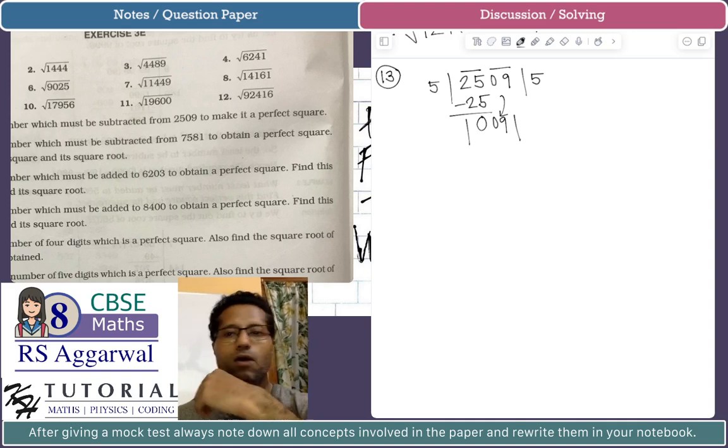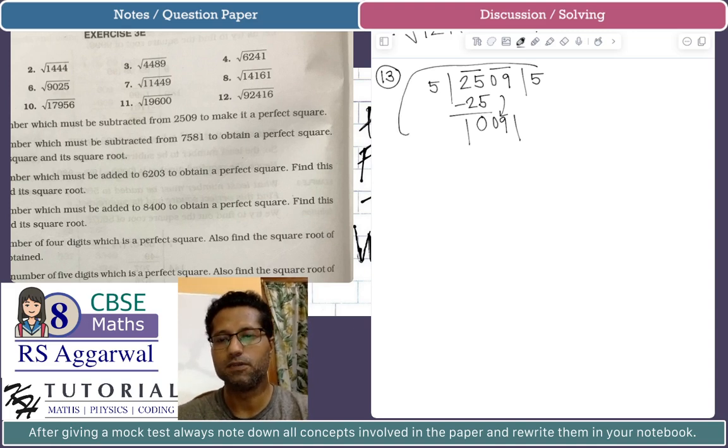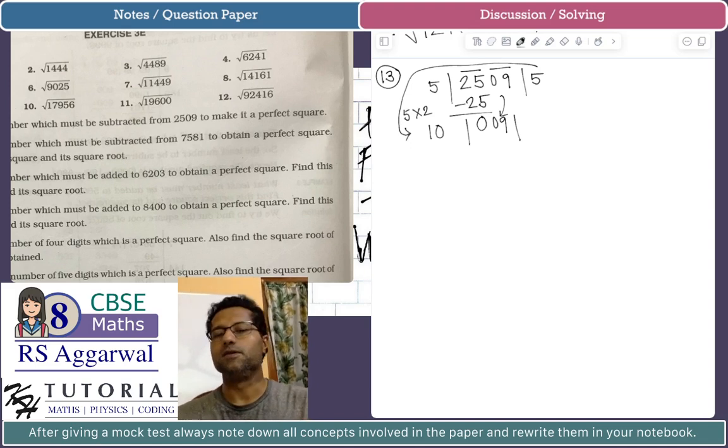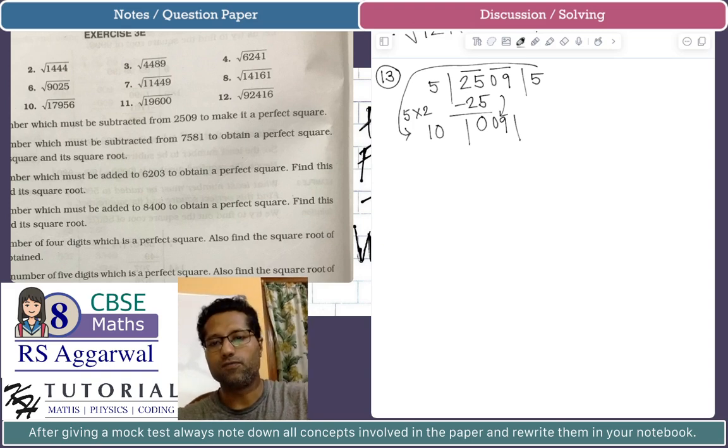If you follow the long division method, the partial divisor will be 5 multiplied by 2, which is 10. So now we have to find the digit x.